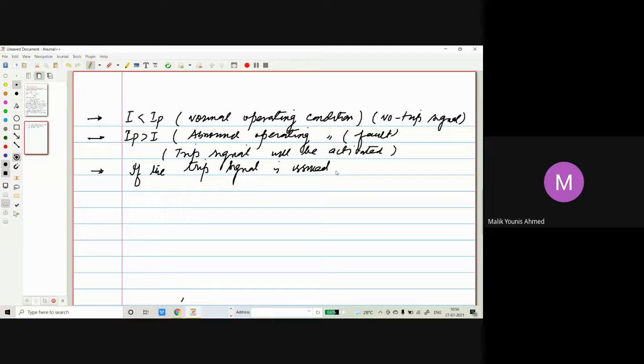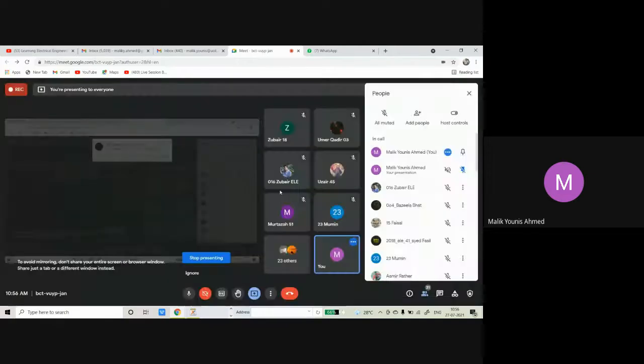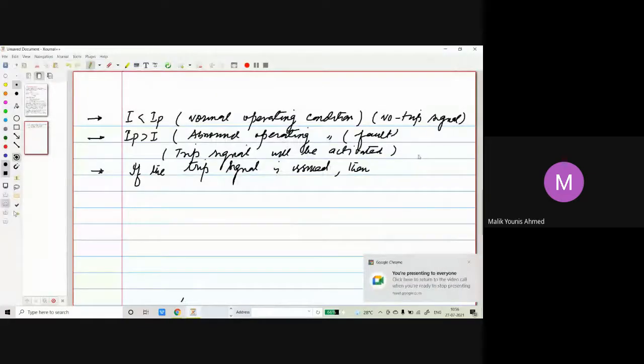Then what will happen? The circuit breaker will isolate.